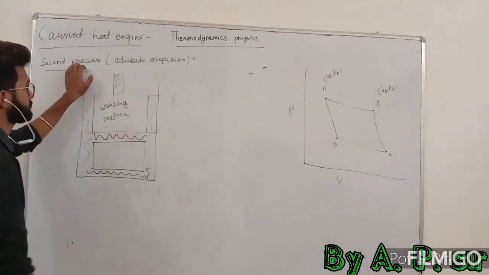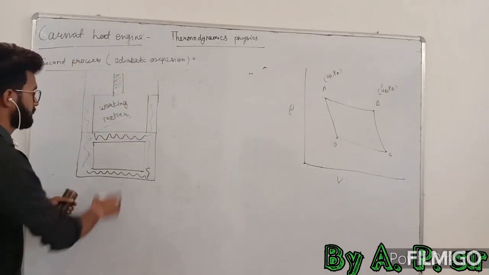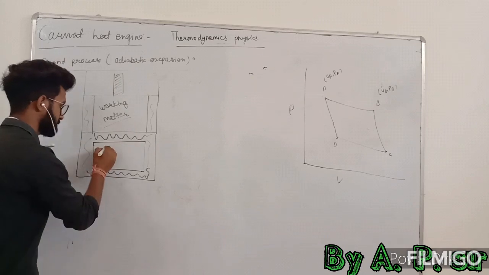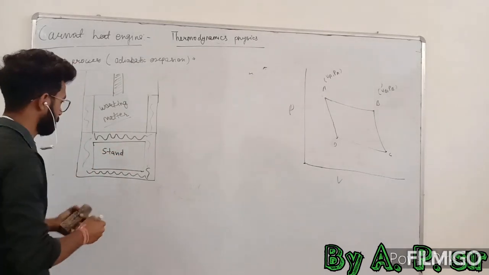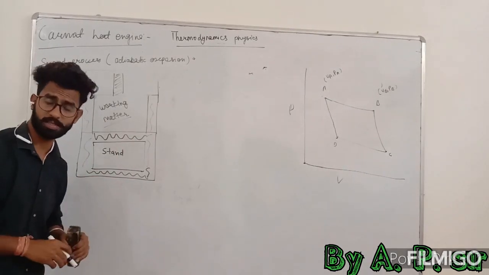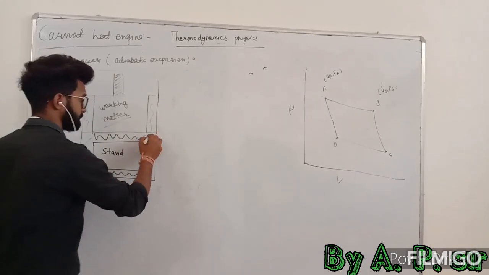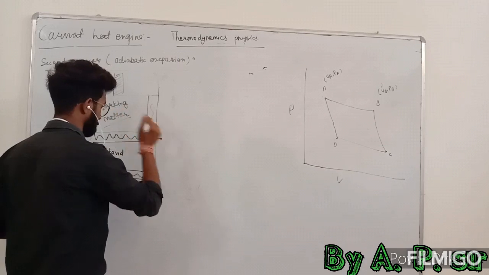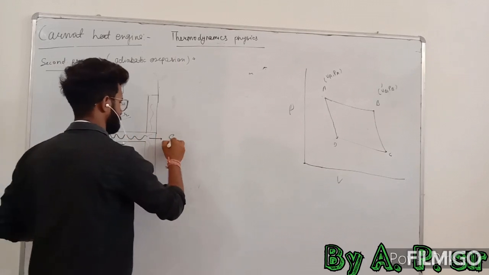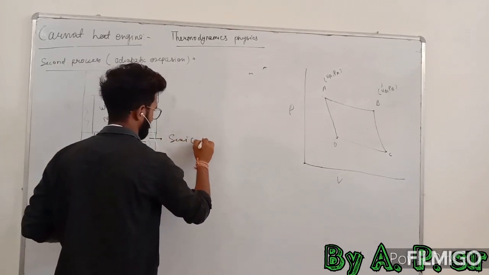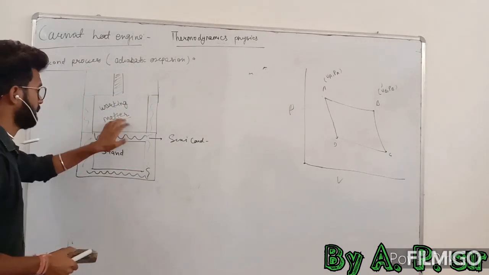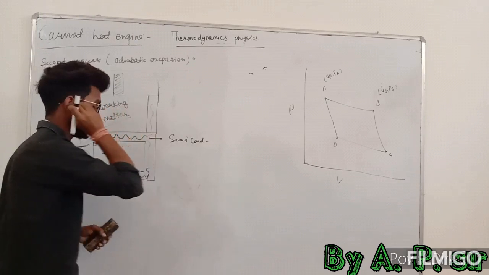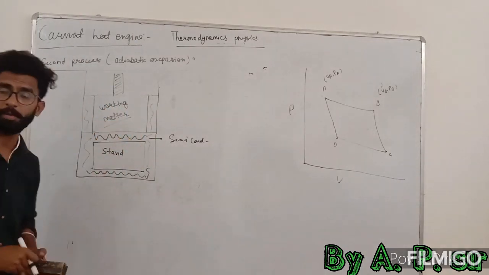In the second process of Carnot heat engine, we put the working material on the stand. We know that the wall of the stand is non-conducting, and the wall of the cylinder is conducting for the working material.